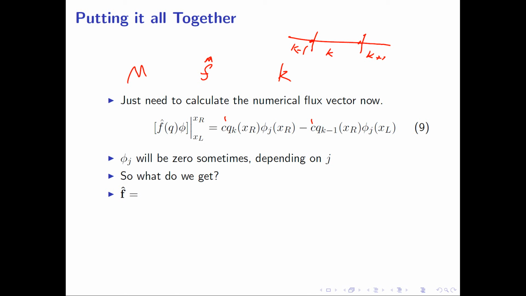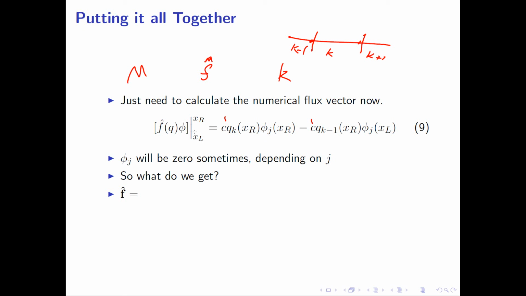Now our weighting basis here, we don't have to worry about any sort of discontinuities or anything like that at the element boundaries. We're just simply looking at particular element bases here. So we're evaluating each of our weighting bases at the right side and at the left side.